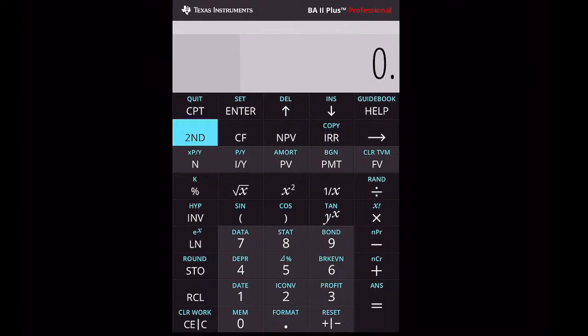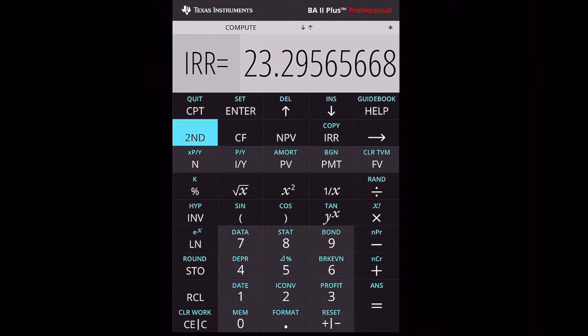So everything is in there, and now what I'm going to do is hit IRR, but it says 0, so I have to ask it to compute, and there it is. So the calculator does it very quickly. I'll give you a few minutes to try that.